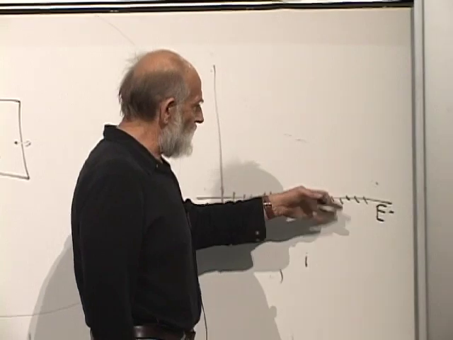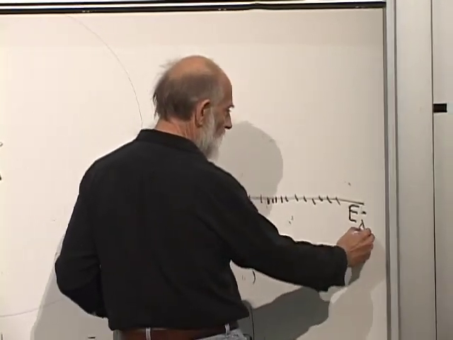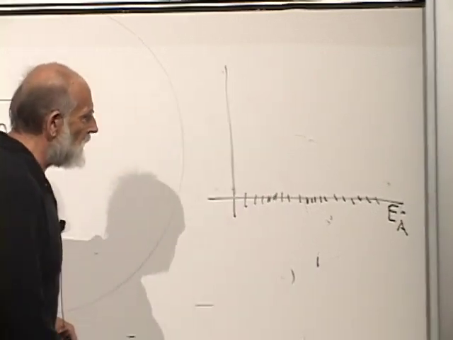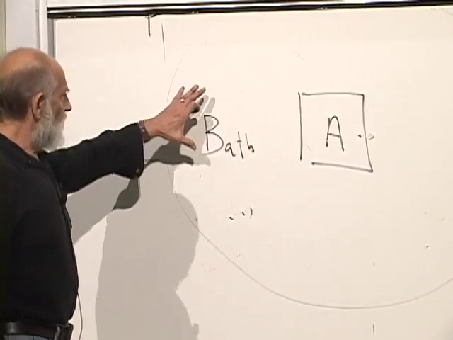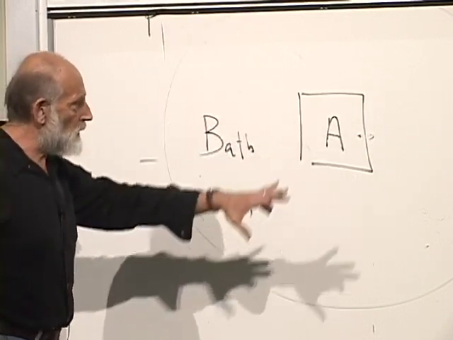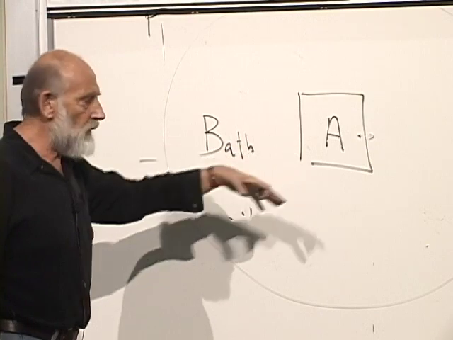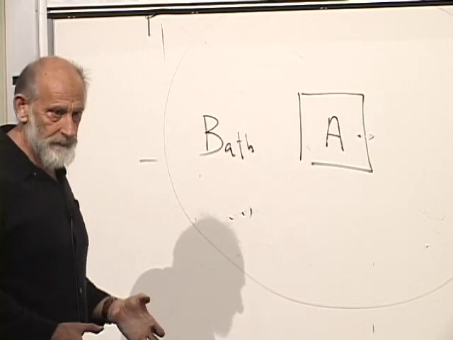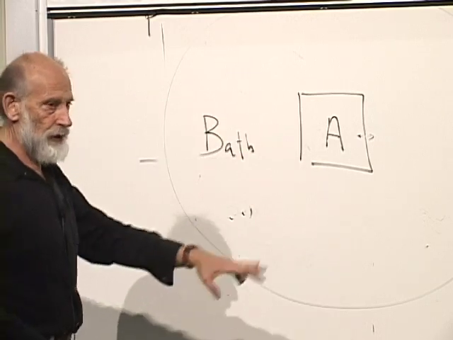These are all the various values that the energy of A can take on. We start with a given total amount of energy. The energy of A will be a small fraction of it.